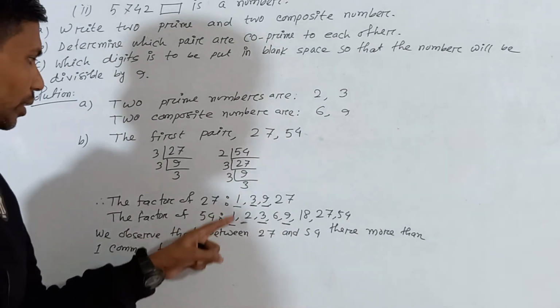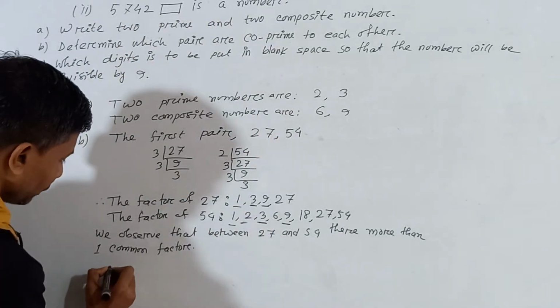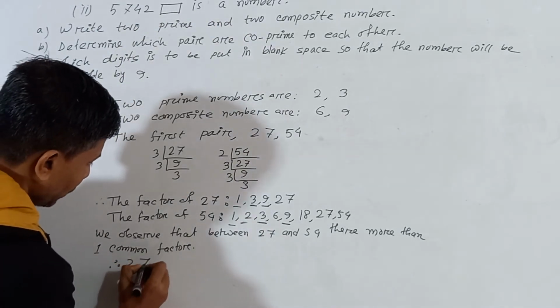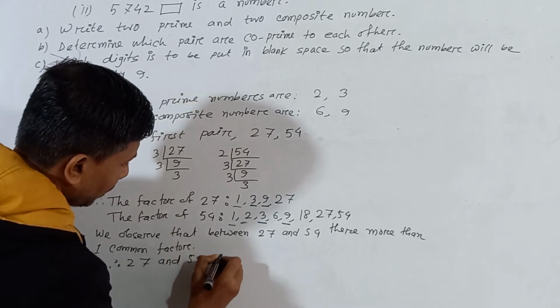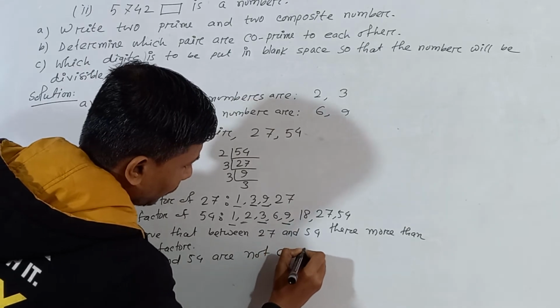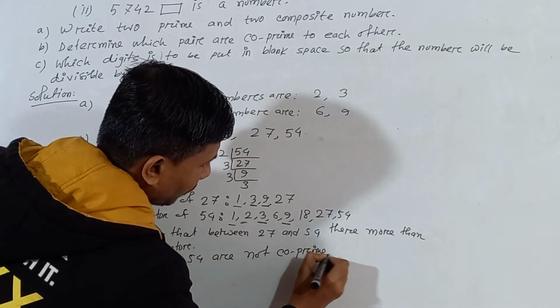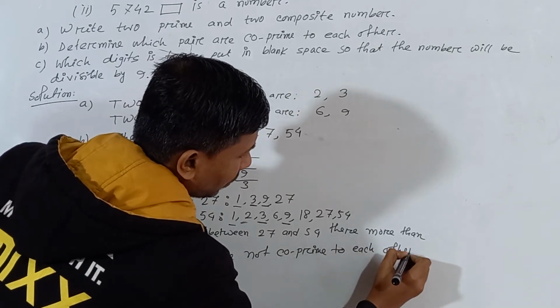Okay, you see here is 3, 3 and 9, 9. Therefore, we can say 27 and 54 are not co-prime to each other.